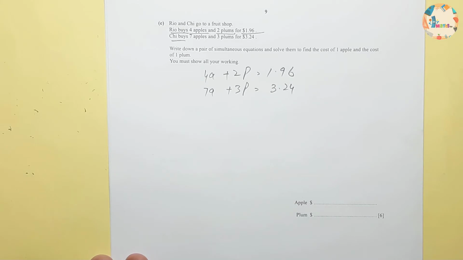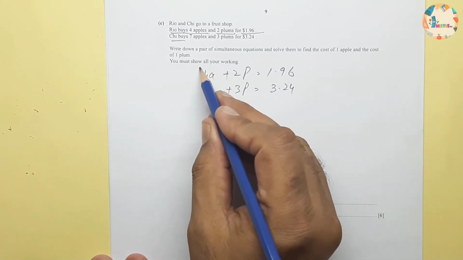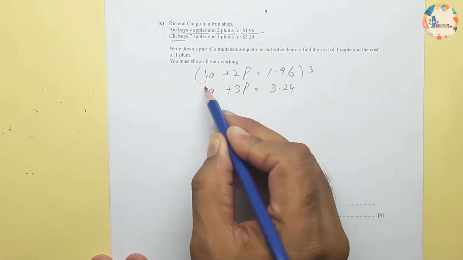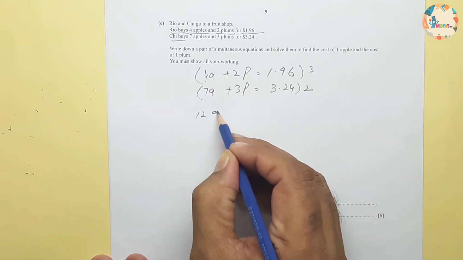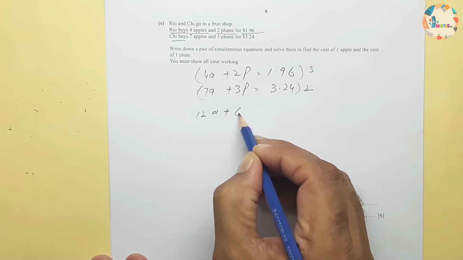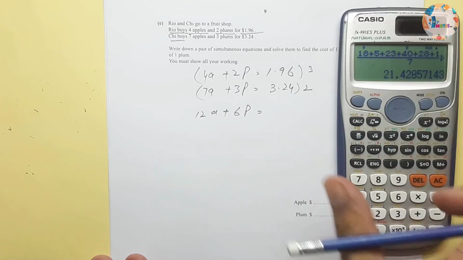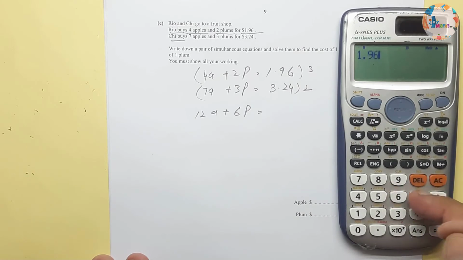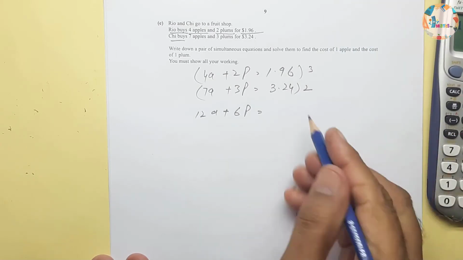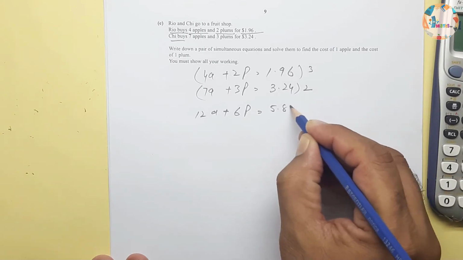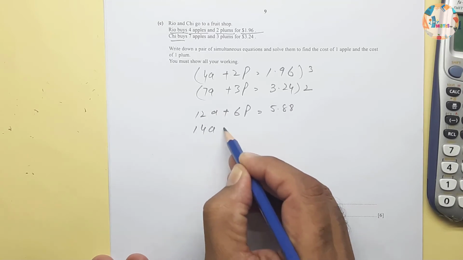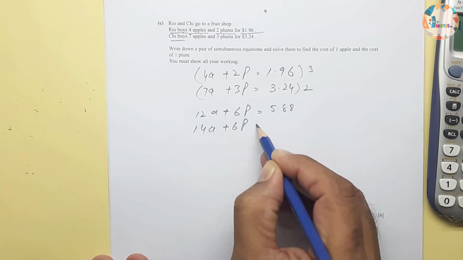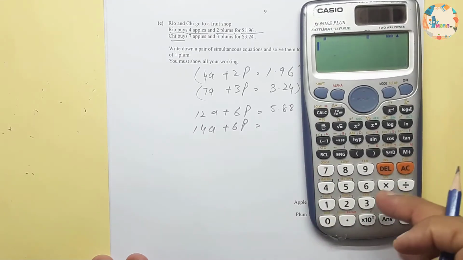And now we have to solve to equalize coefficients of p. We can multiply this with 3 and this with 2, and we will get 12a plus 6p is equal to 1.96 multiplied by 3, which will be 5.88.